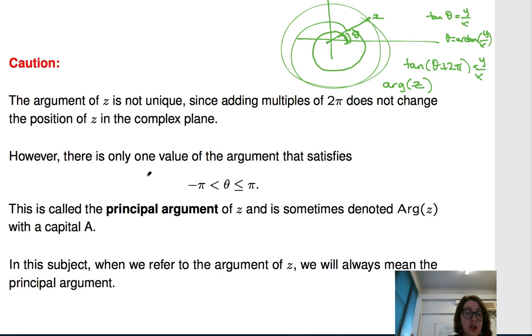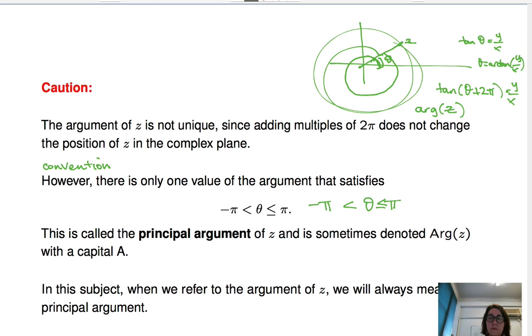So the convention is that we write the angle theta from minus pi to pi. So not including minus pi, you'll see that's a strict inequality, but including pi. So our theta should be some angle that is less than or equal to pi, but greater than minus pi.